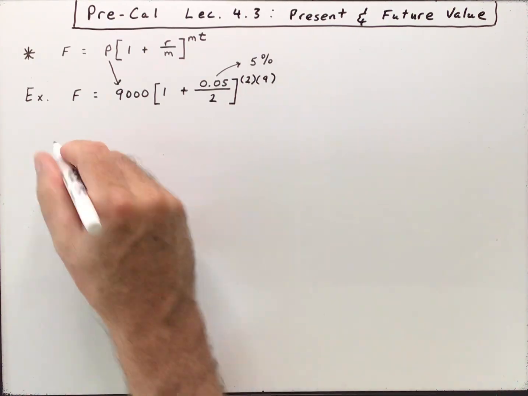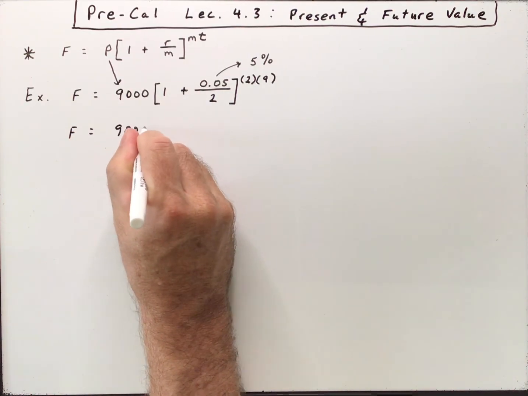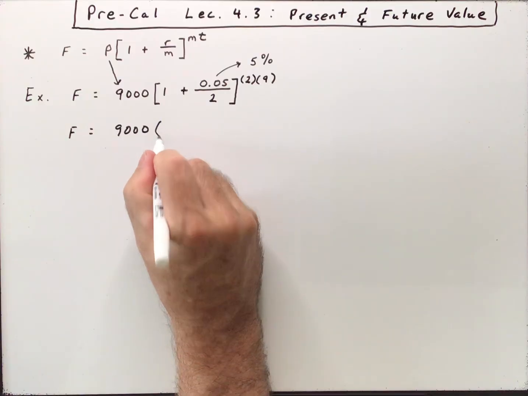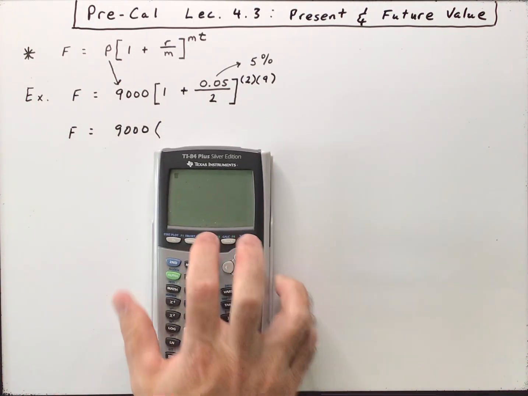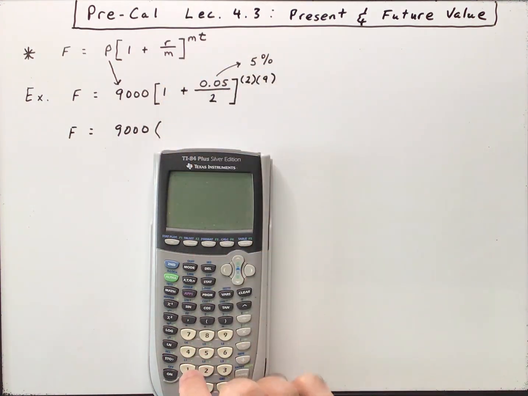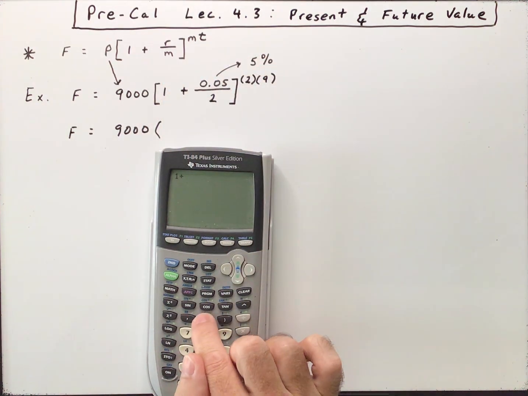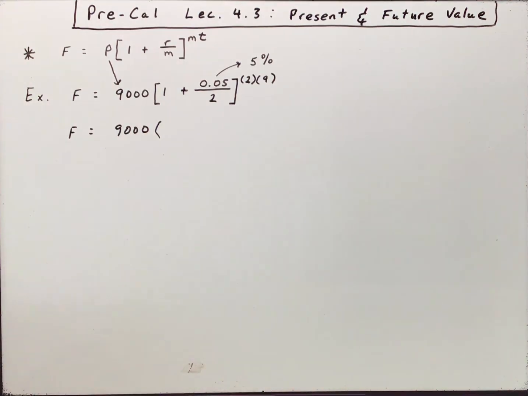Okay, so F is equal to 9,000. Now I like to chop this up just to make sure I don't make a calculator mistake. What's in the bracket here? Well, that's going to be 1 plus, and I'm going to put left parenthesis, 0.05 divided by 2, right parenthesis. That's 1.025.